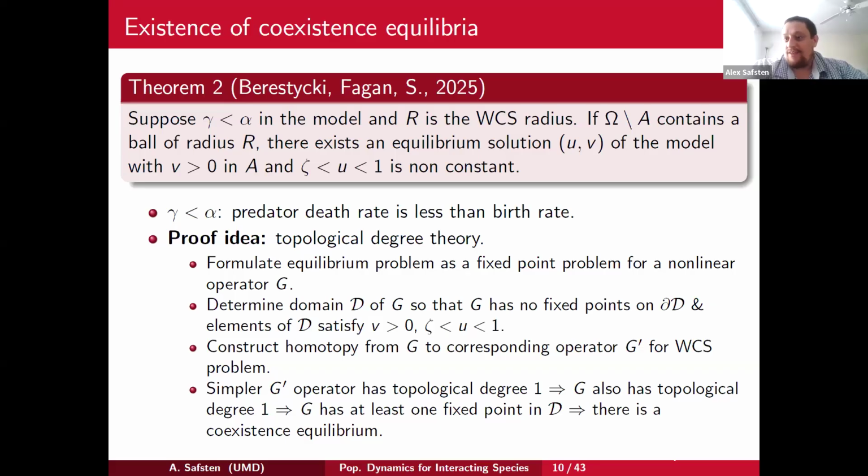And so we can calculate the degree of the worst case scenario operator to be 1, so it has a solution, and therefore by the property that the topological degree is preserved by homotopy, the original problem also has a fixed point solution, which means we have our non-trivial equilibrium.